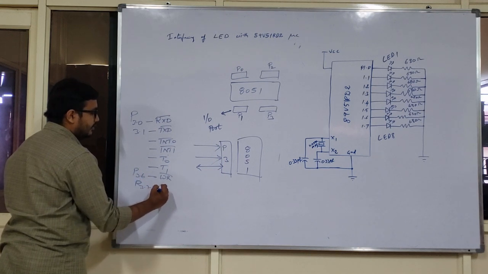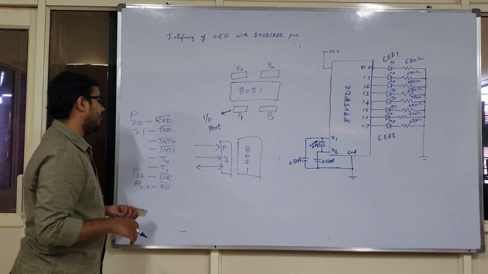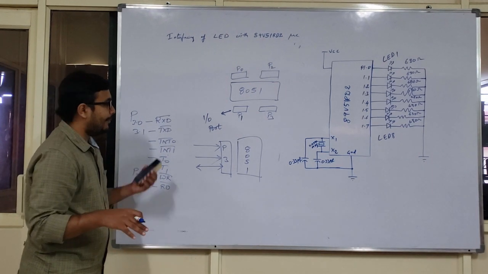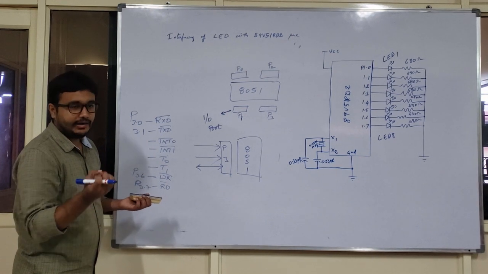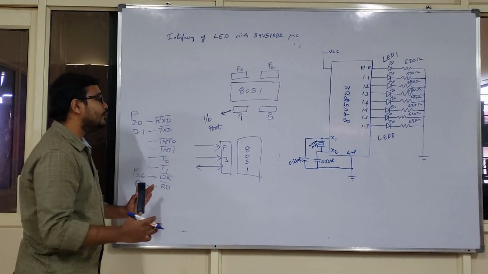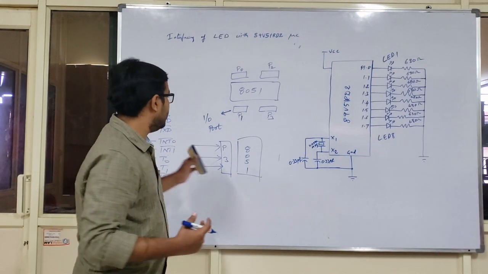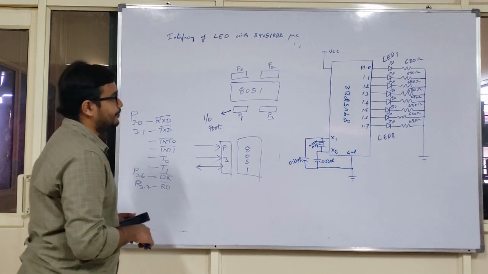That means each and every pin of your port 3 has a special feature apart from acting as a simple IO port. So these are the pins that are highly required to communicate with your external environment. So this is my port 3.